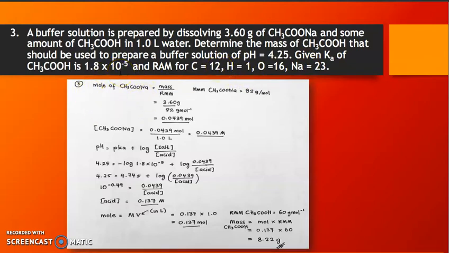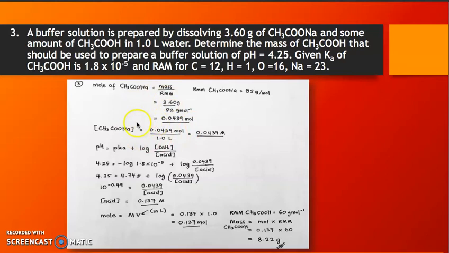If you answer tutorial number 3, first find the mole of sodium acetate, equal to the mass divided by the relative molecular mass of sodium acetate, which is 82 grams per mole. You get the mole equal to 0.0439 mole.